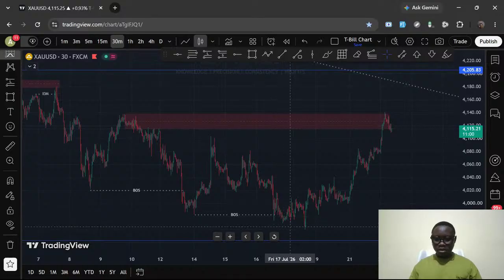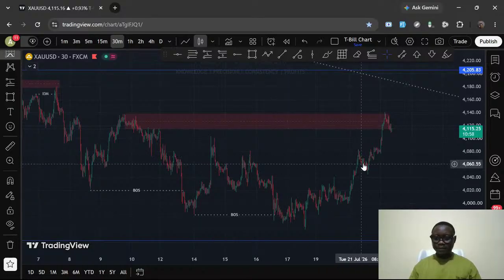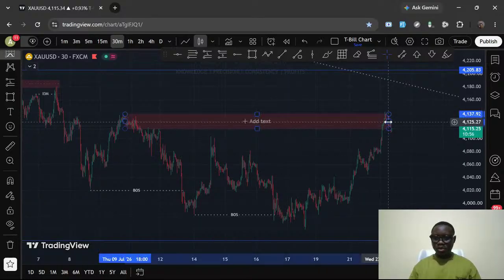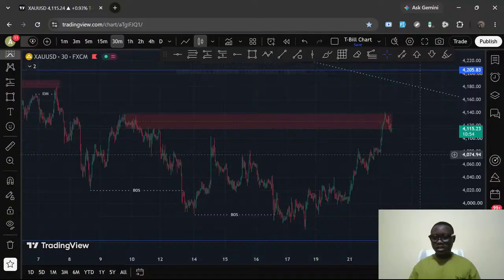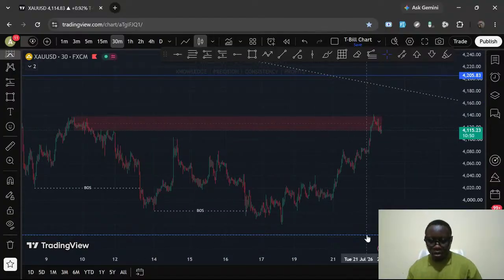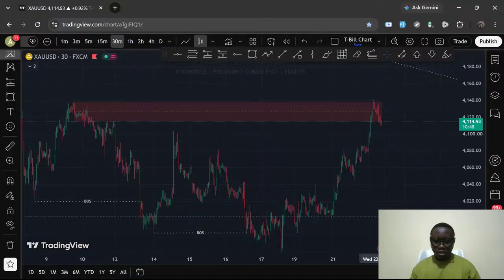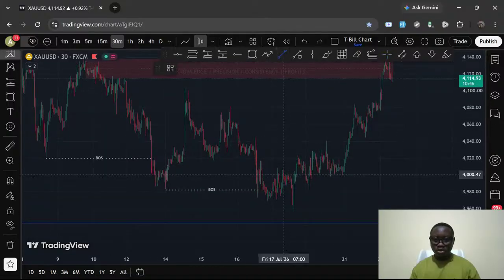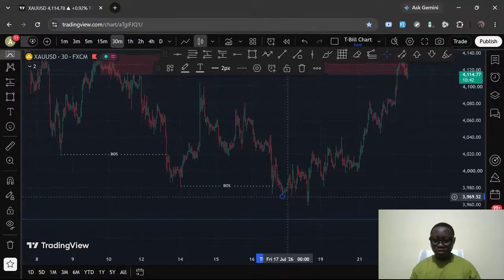After this, we got a pullback to this zone where price is currently reacting, this daily time frame zone. There is also a break of structure to the downside at this zone right here.